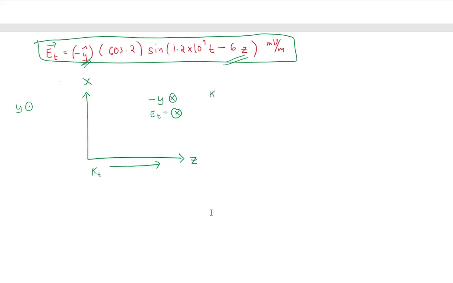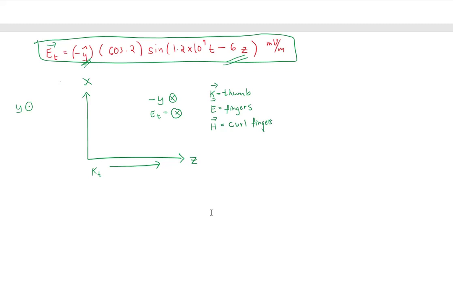Remember, k is our right thumb. E is just the fingers. H is the curl of the fingers.